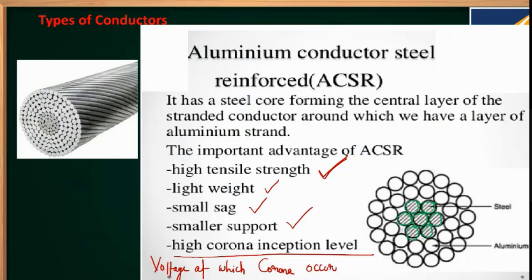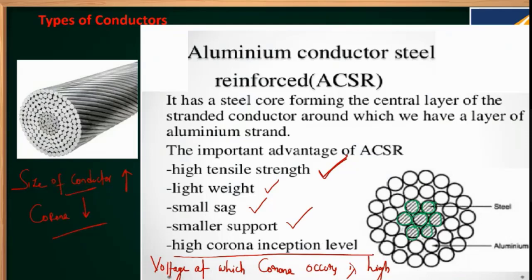This addition of steel strands increases the overall size of the conductor. If the size of the conductor increases, corona reduces. Remember this thumb rule: size of conductor increases means corona decreases.